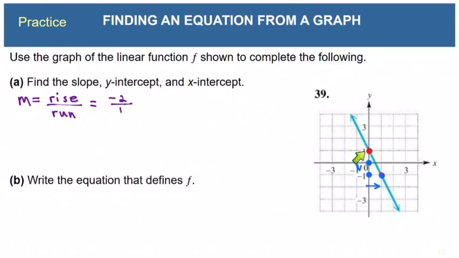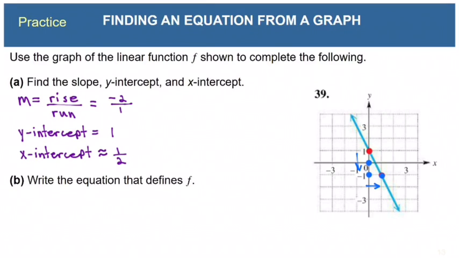Now the y-intercept is where the line crosses the y-axis, so that's going to be +1. And the x-intercept is where the line crosses the x-axis. That, I'm guessing, is about 1/2. It just looks about 1/2. We can be sure later when we have the equation of the line, but for now, let's just say it's about 1/2.